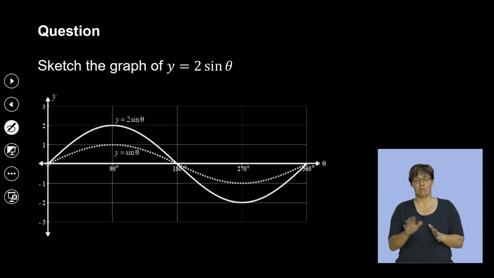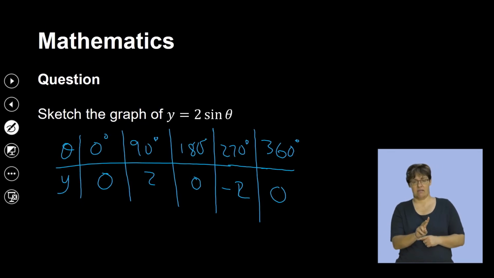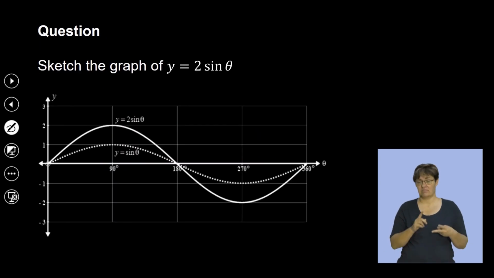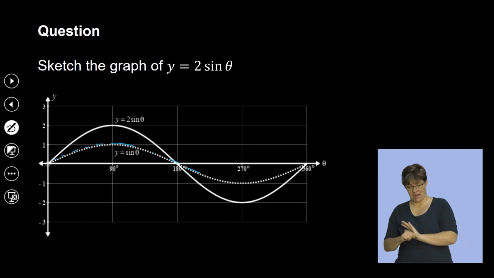So you can start by looking at it from the perspective of using the table, or you can look at it from the perspective of using the parent graph. The parent graph is the dotted one. You can see the dotted one normally starts from 0, the maximum is at 1, and the minimum is at minus 1.